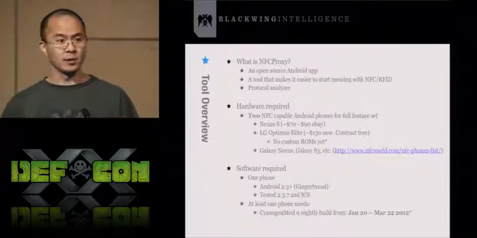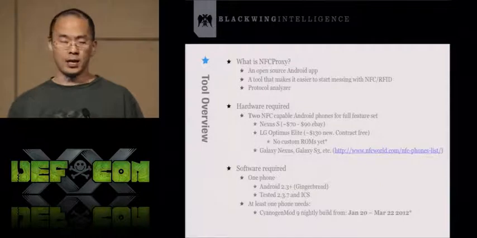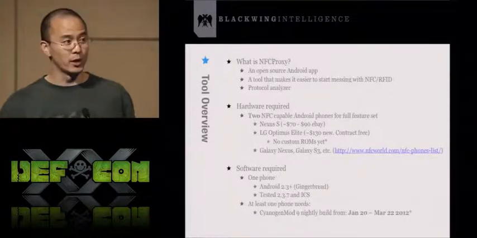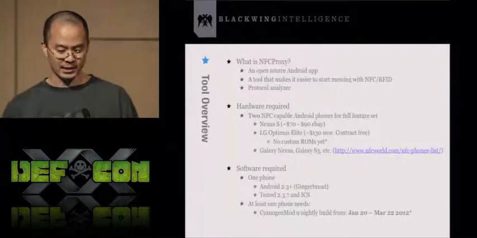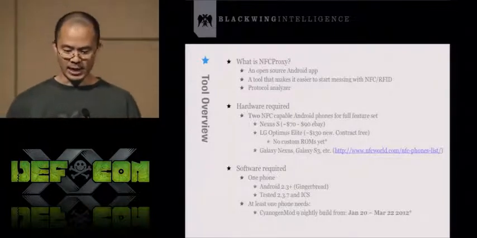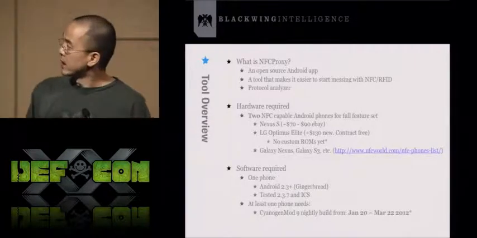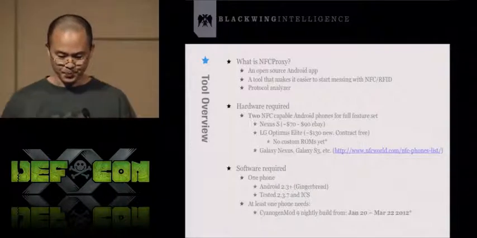But that phone is relatively new, and there are no custom ROMs for it. So you can only use that on one side of the NFC proxy tool, and it's really not that interesting. So I wouldn't recommend that phone if you want to use NFC proxy. The Nexus S is the one to get. And then Galaxy Nexus, Galaxy S. There are a lot of new phones coming out. You can go to that website to see any new phones that are available.